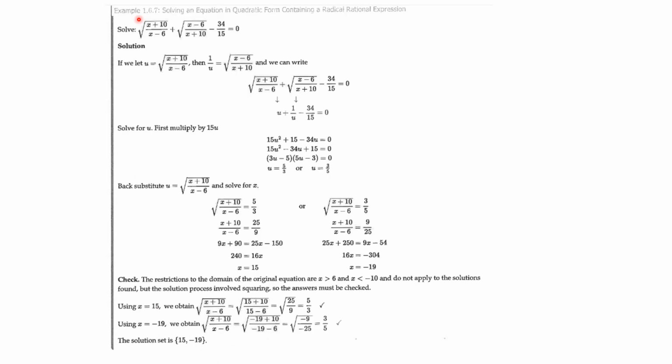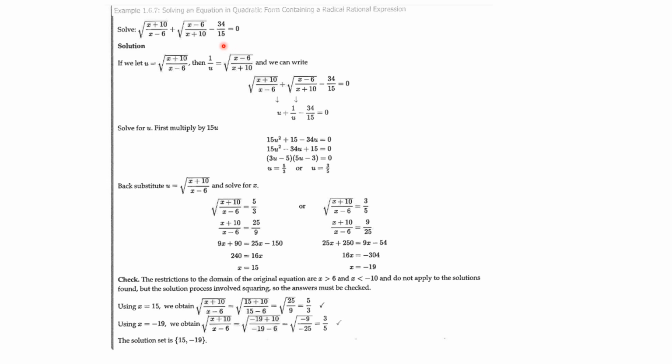Here's another problem. Let's consider we have the square root of (x + 10)/(x - 6), that's all under the square root, plus the square root of (x - 6)/(x + 10), minus 34/15 is equal to 0.